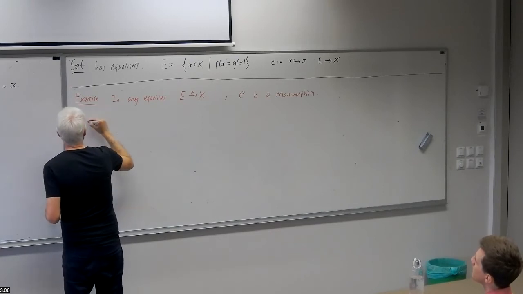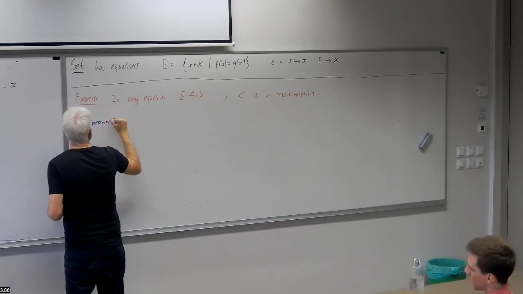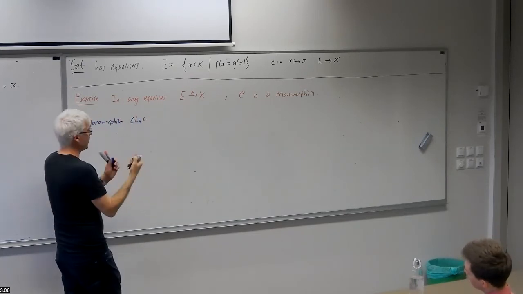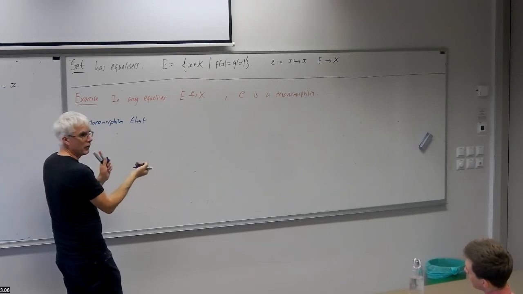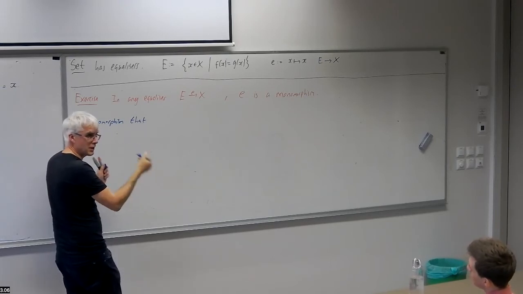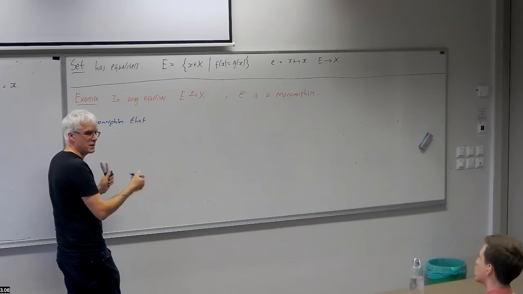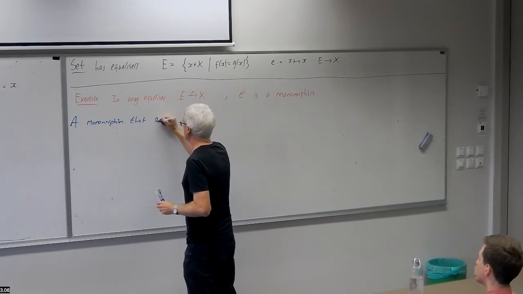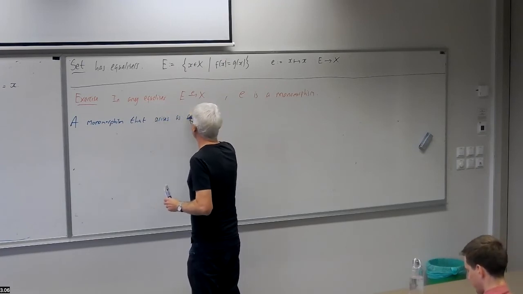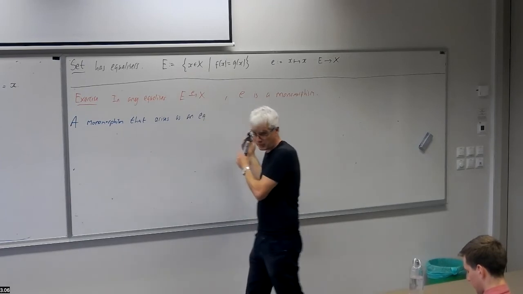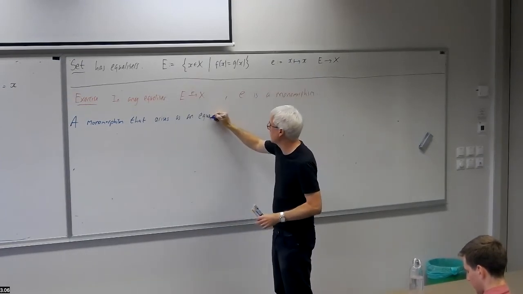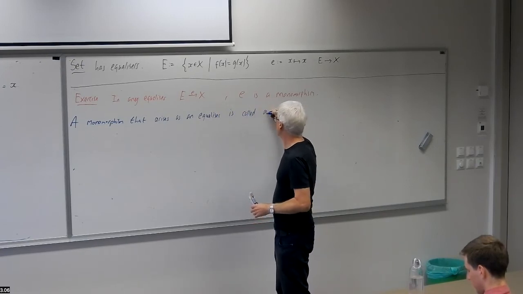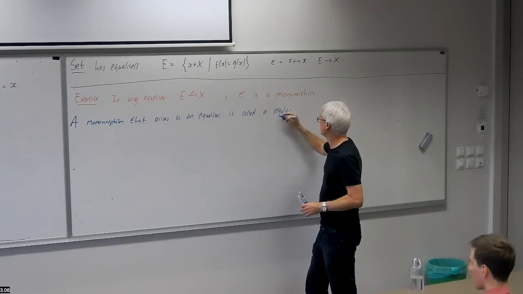So a monomorphism for which we can find a parallel pair such that that monomorphism satisfies the property of being an equalizer with respect to that parallel pair, in other words a monomorphism that can be displayed as an equalizer, is called a regular monomorphism.